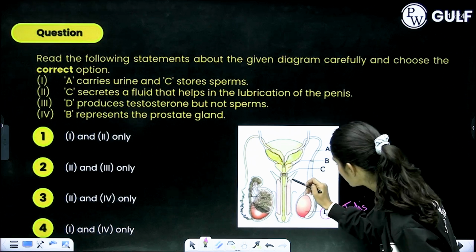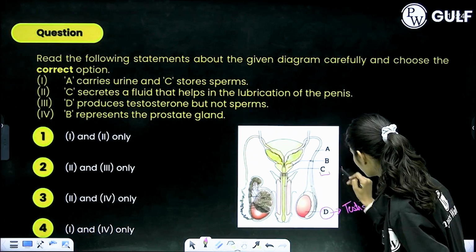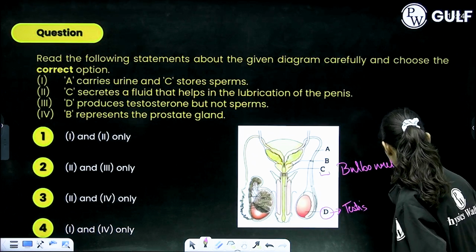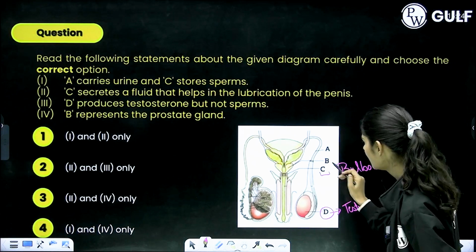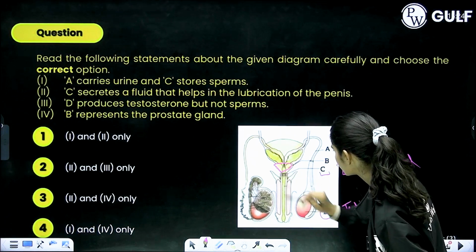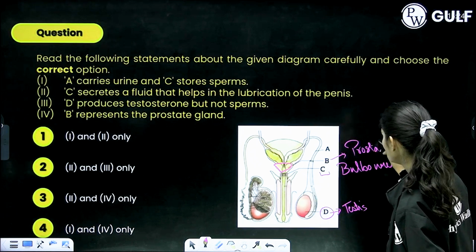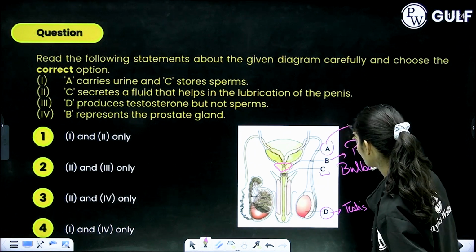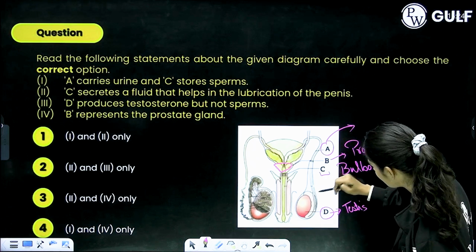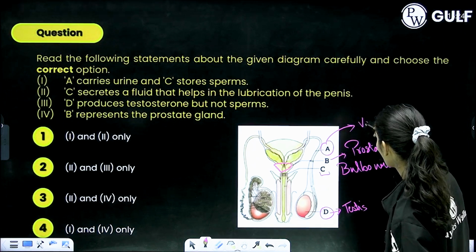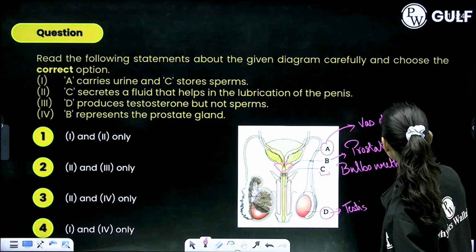The C part, if you look at, it is actually a gland which is the bulbourethral gland, right? Looking at the B part, we all know that it is the heart-shaped prostate gland, right? Looking at the A part, we all know that it is actually the vas deferens, okay? So yes, the A part is vas deferens, right?